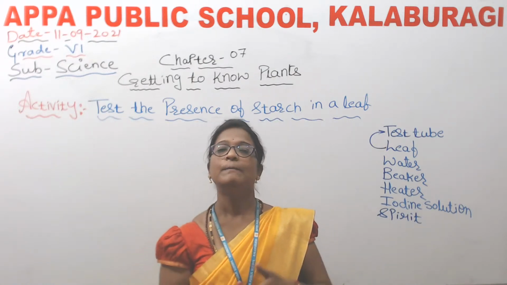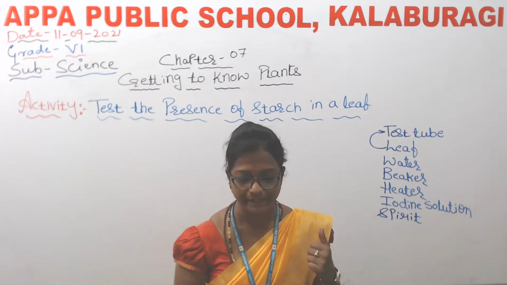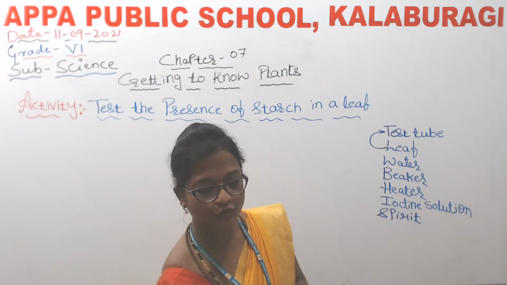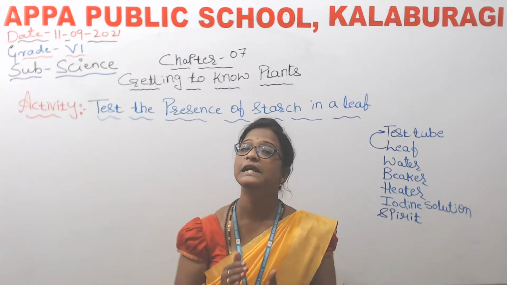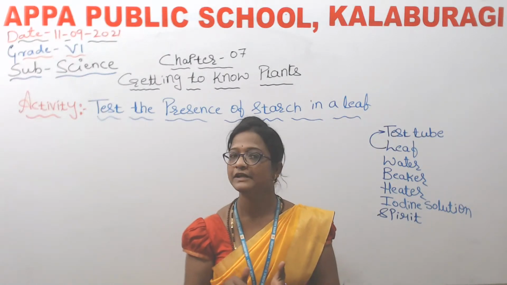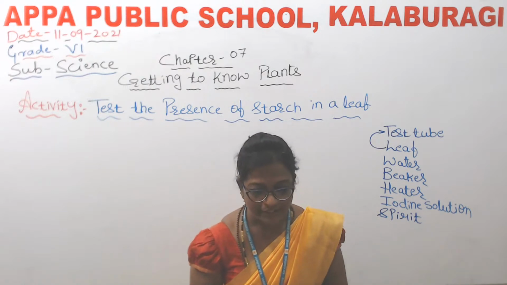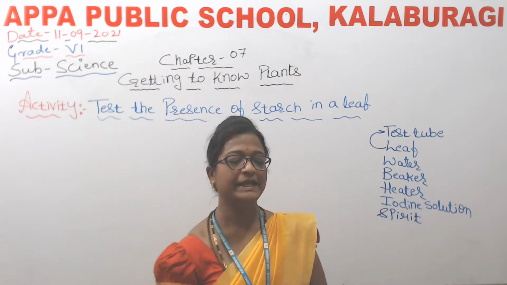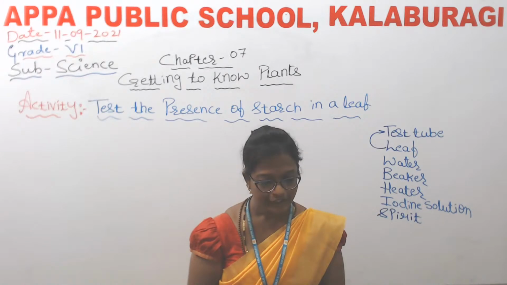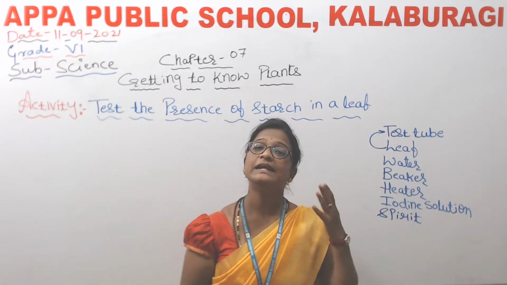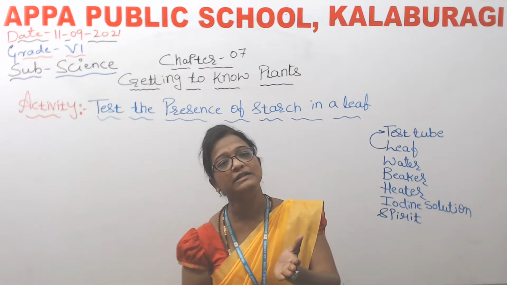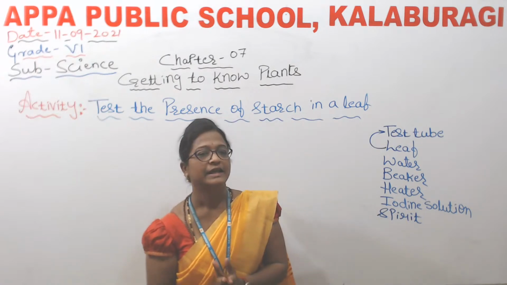Okay, so now place the test tube in a beaker. You should place the test tube in a beaker, and the beaker should be half filled with water. Now heat the beaker. Until all the green color from the leaf comes out in the spirit, you should heat.